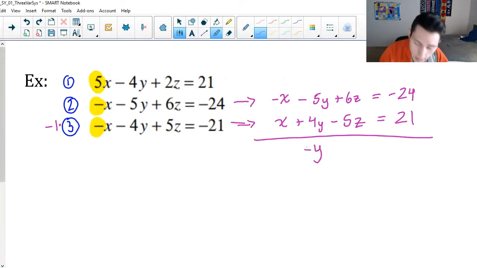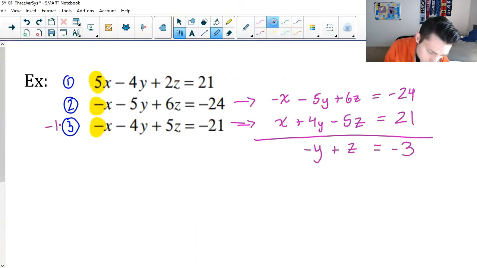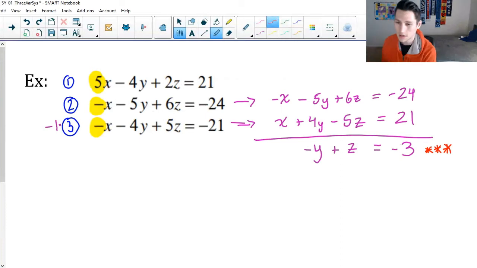Positive 6z plus negative 5z is positive 1z. Negative 24 plus 21, negative 3. And again, at this point, I'm going to put some sort of indication that I want to use this equation later, but I'm going to kind of put it on hold for a moment.